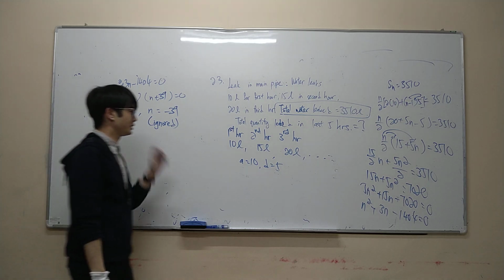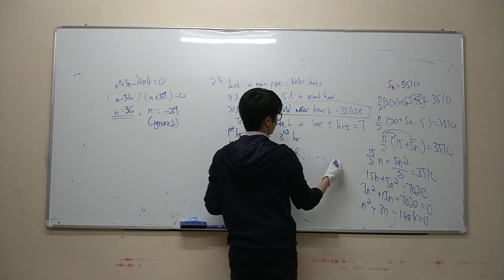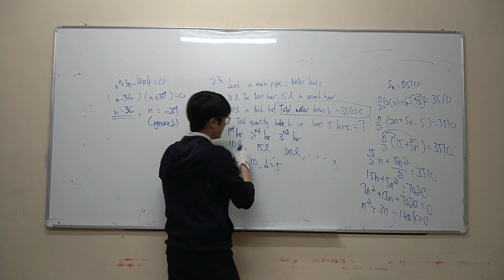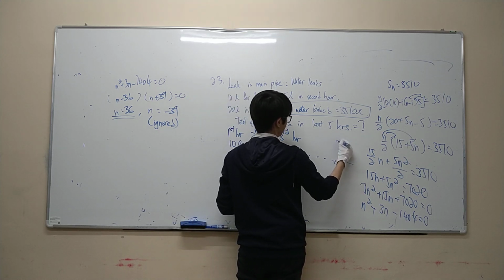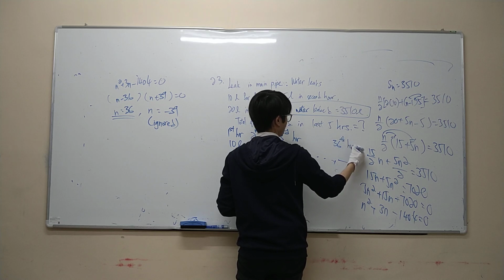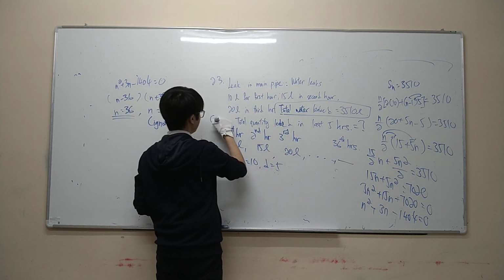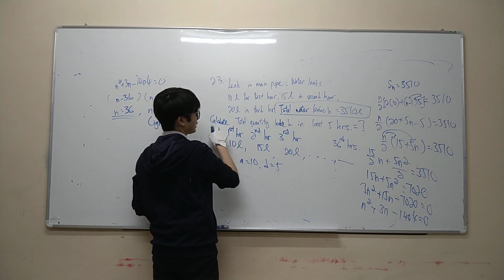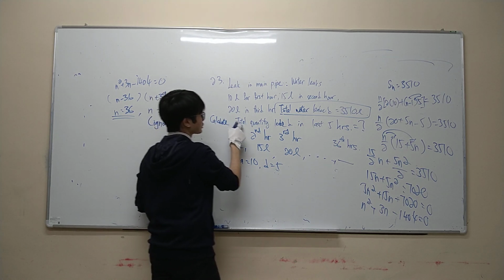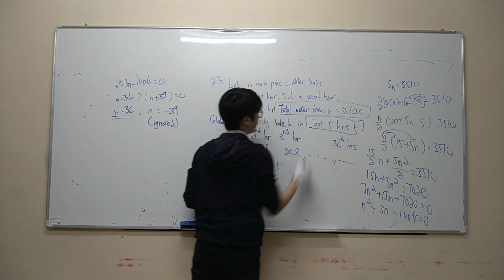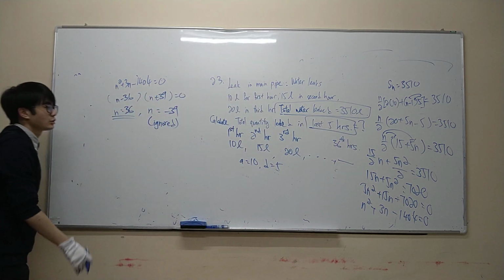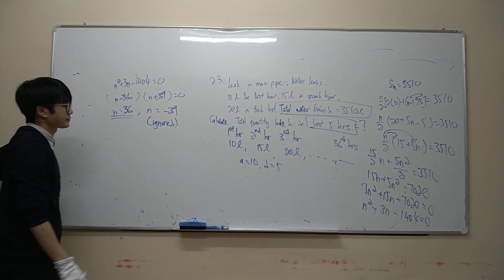But this is not the answer yet, because this just means that the water keeps leaking until the 36th hour. Okay, this is what it means. But look at the question. Calculate total quantity leaked in the last 5 hours. What does it mean by total leak in the last 5 hours?